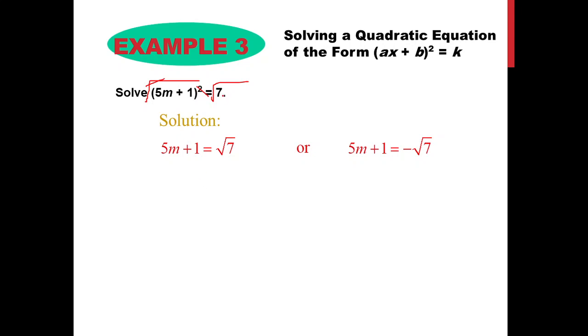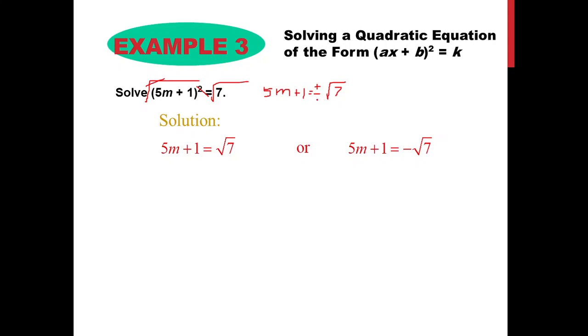Since 7 is a prime number, you'll have a plus and minus the square root of 7, leaving you with 5m plus 1 on this side.